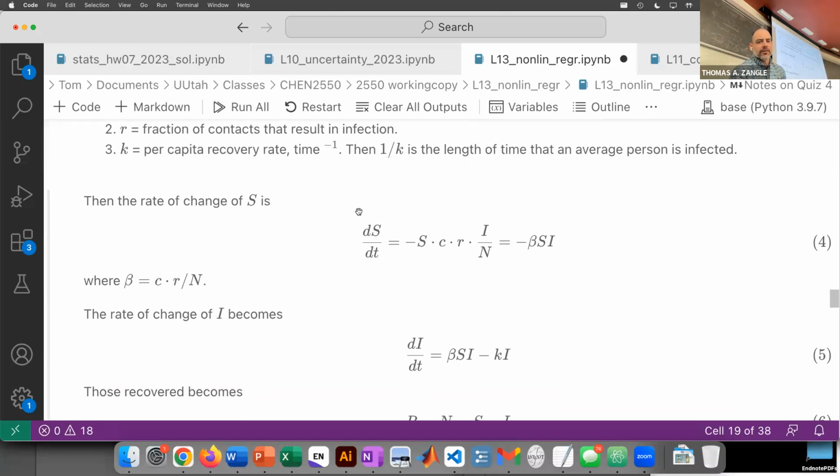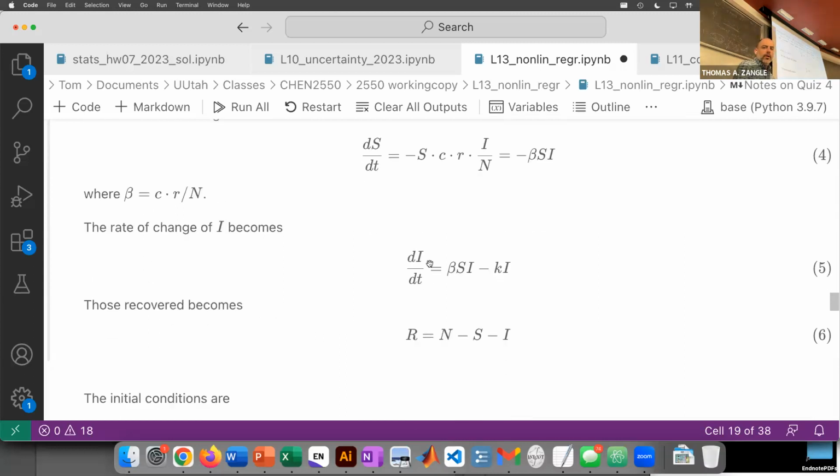But from that, we can then develop an expression for the rate of change of S, the susceptible population, as minus S C R times I over N. So we're going to group those things together into a single parameter beta that we might want to estimate using our nonlinear regression.